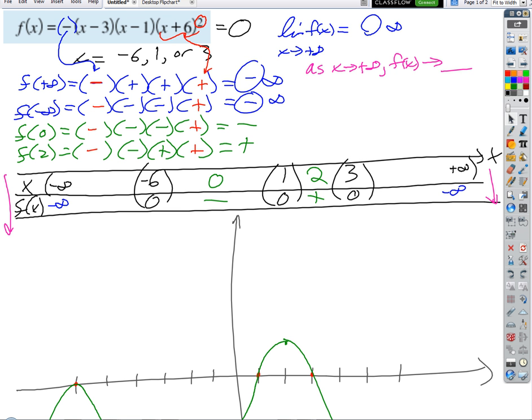The coefficient's going to be negative, but if I expand that out, my biggest power of x from x plus 6 squared is going to be what? x squared, right? And some other junk we don't care about. If I multiply that by this guy, it's going to jump up to x cubed, x to the 4th, plus a bunch of other garbage that we don't care about. And then the leading coefficient is negative, right?